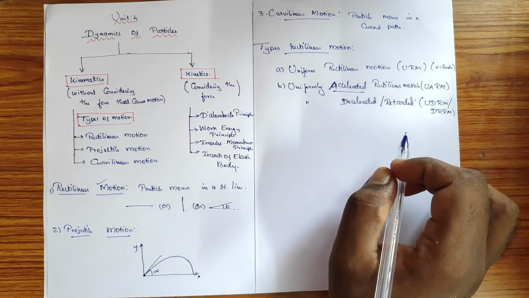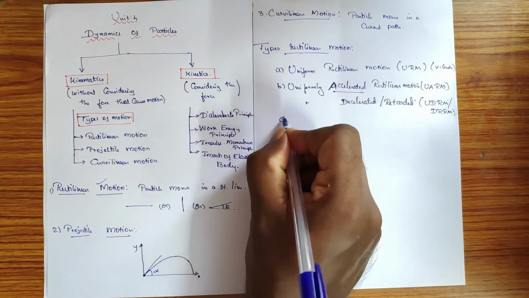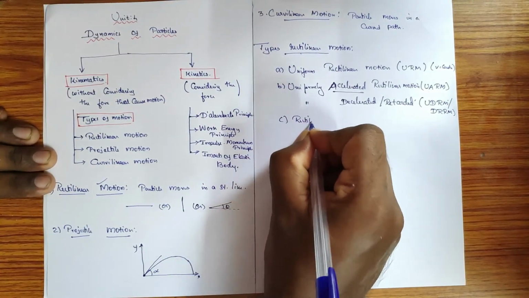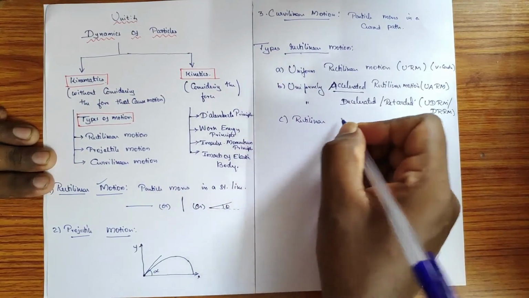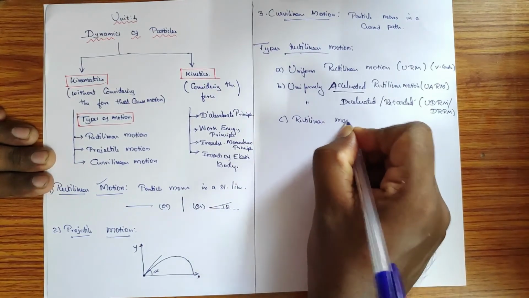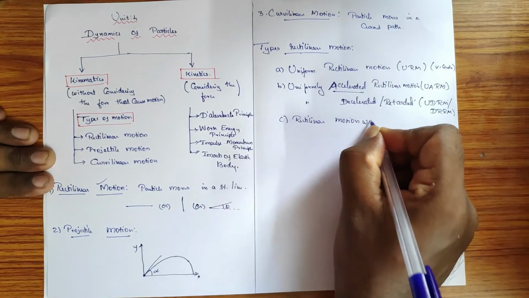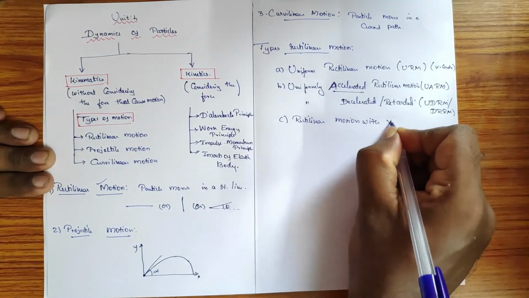Uniformly decelerated rectilinear motion. And the last one is rectilinear motion with varying acceleration.